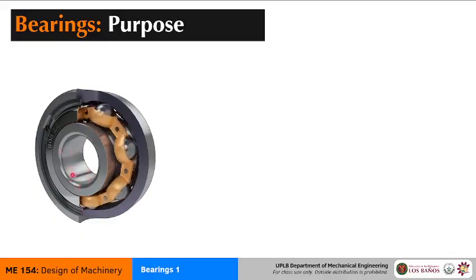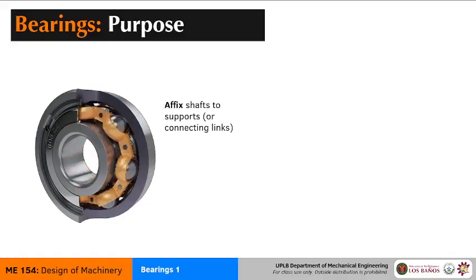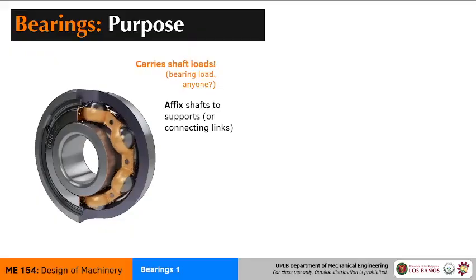The purpose of the bearing is first and foremost meant to connect rotating elements, or at least things that fully rotate or things that just oscillate, to a fixed support. So this is important. The bearings are meant to connect rotating elements to some fixed support or a rotating support. Likewise, they do bear loads. They are expected to carry loads from shafts, from gears, from pulleys, etc.